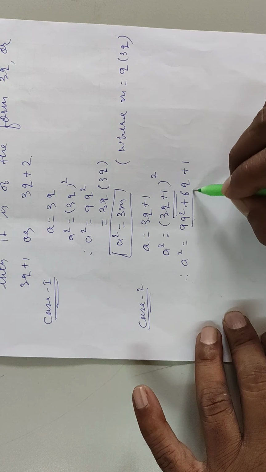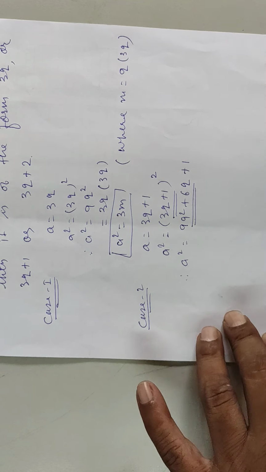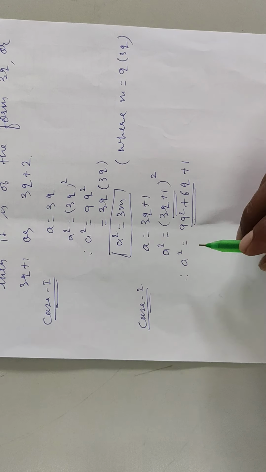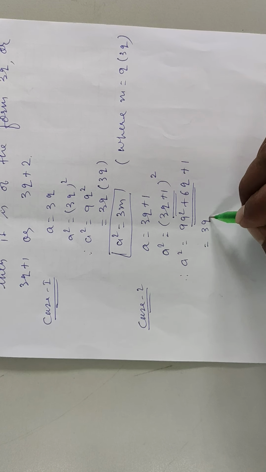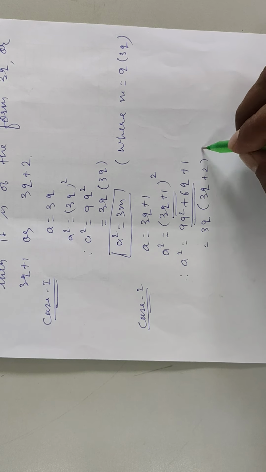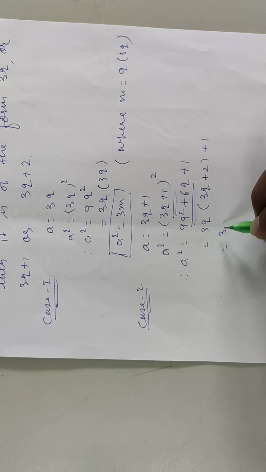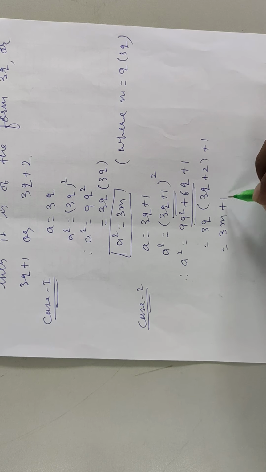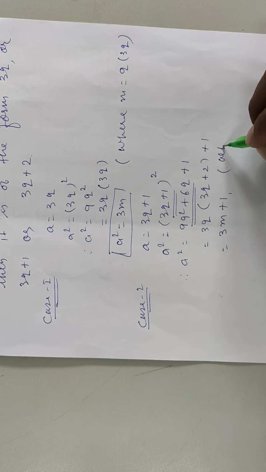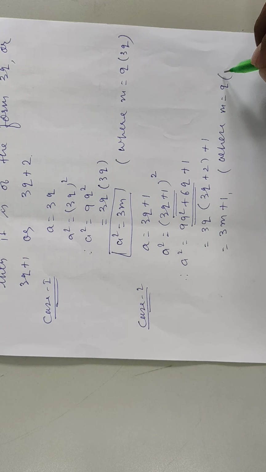Consider two terms, 9q square plus 6q, taking 3q as common, the remaining terms are 3q plus 2, plus 1, is equal to 3m plus 1, where m is equal to q into bracket 3q plus 2.